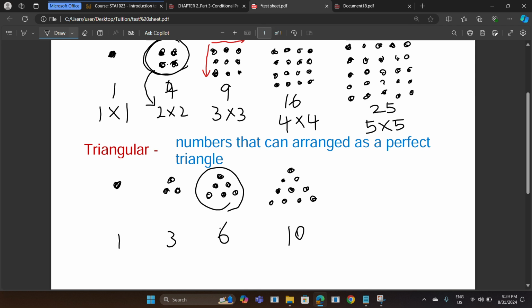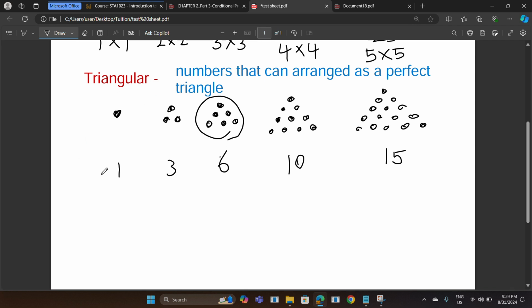There are 10 dots in total. And in the fifth triangular number, there are 15 dots in total.